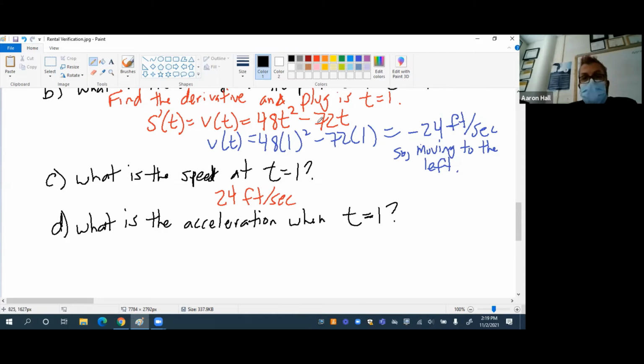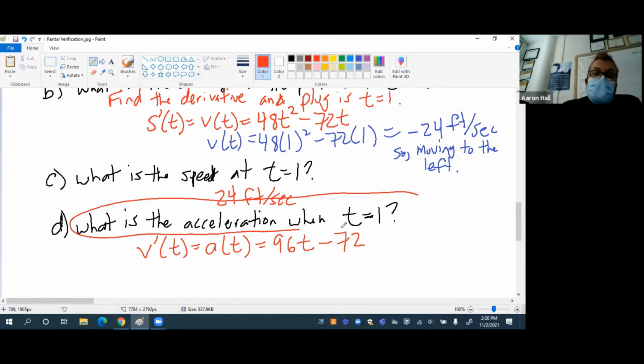We find the derivative of velocity over time. So here's our velocity right here, and the derivative of velocity would give us acceleration, which is what? That would be 96 t minus 72. Yeah, so we found the derivative.